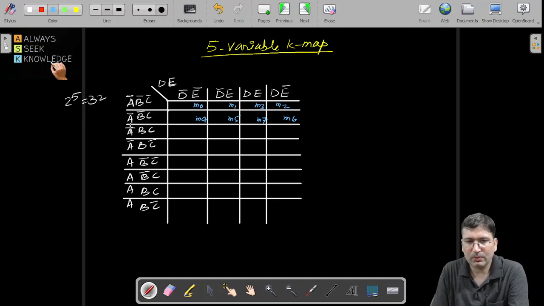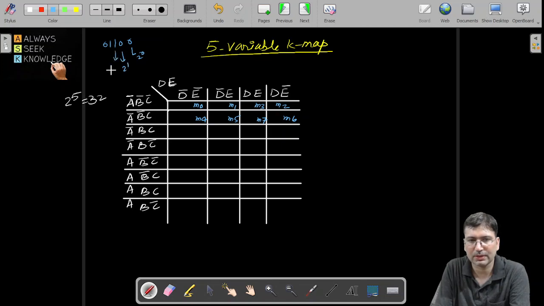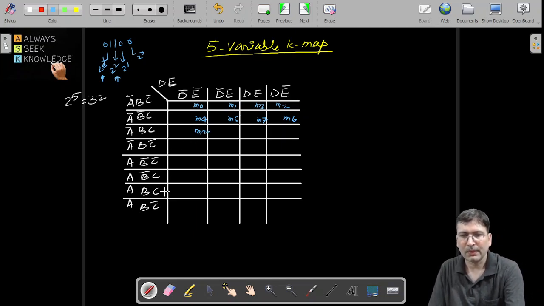Now if you find 0 1 1 0 0: this place gives us 2 to the power 0, this gives 2 to the power 1, this gives 2 to the power 2, and this gives 2 to the power 3. So 8 plus 4 gives us 12. So this is M12, right?